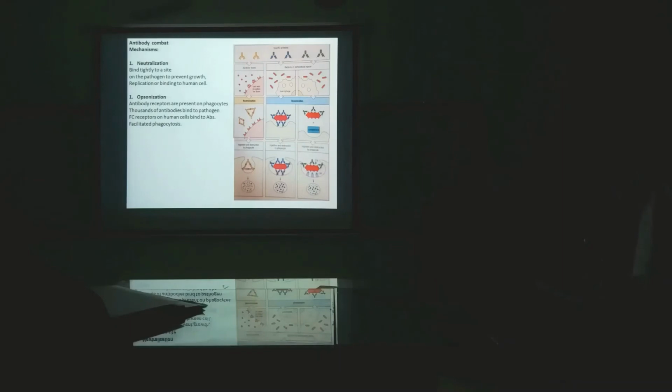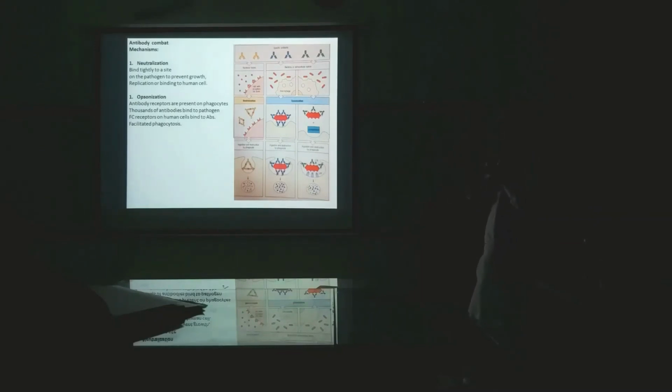These toxins would be taken up by the cell. We call it neutralization. Opsonization, on the other hand, facilitates phagocytosis, the process of ingestion of these bacteria into the cell, where inside the cell the cell is going to degrade these pathogens. So these are the two processes that can be helped with these antibodies raised against bacteria or their toxins or the viruses that we talk about.